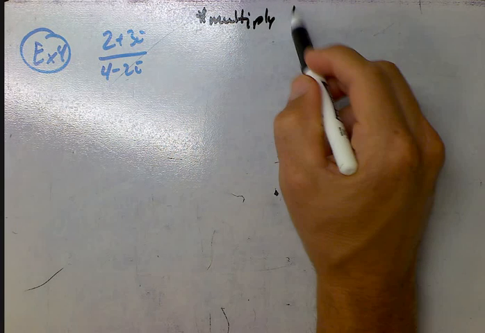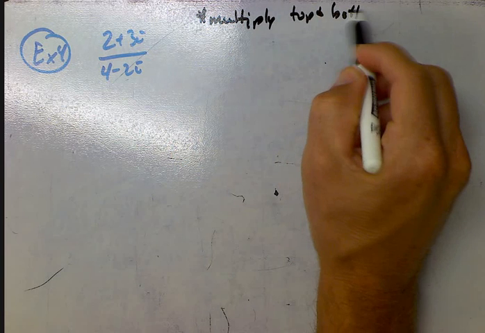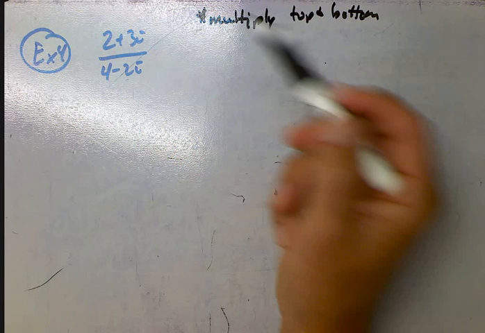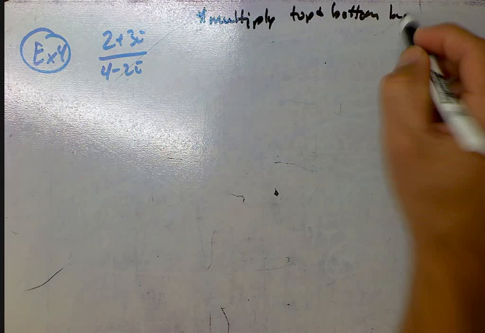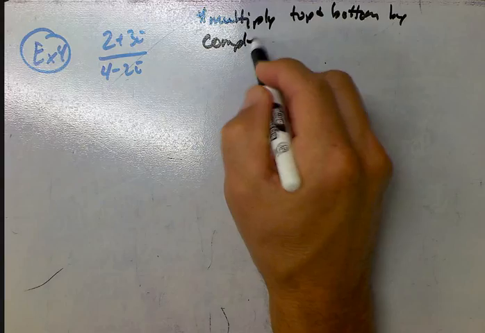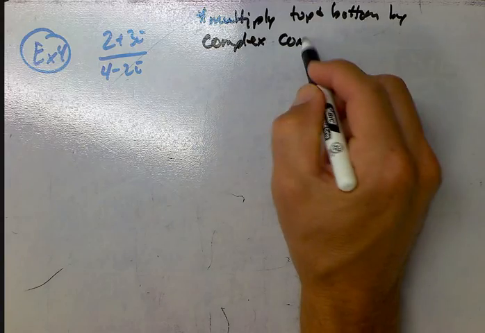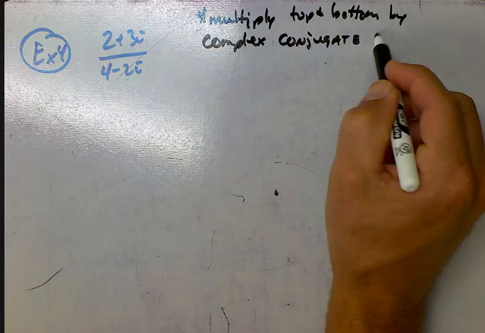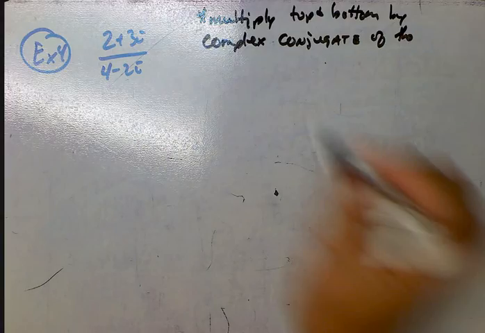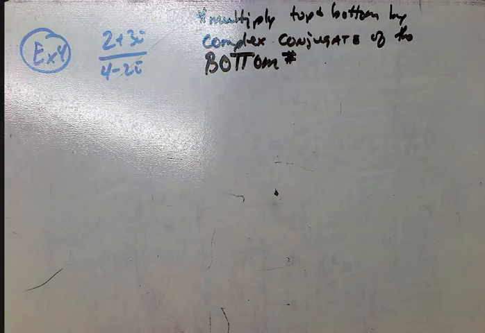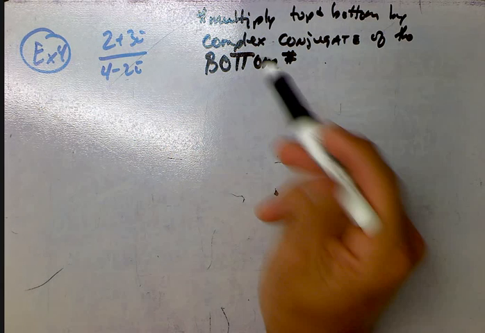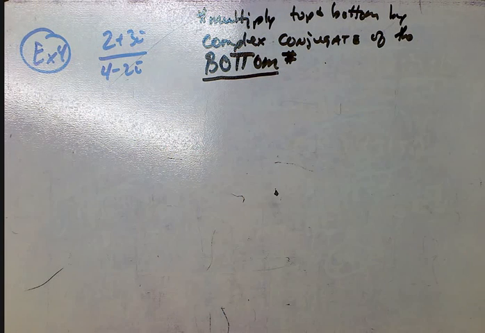Multiply top and bottom, or if you like math words, numerator and denominator, by complex conjugates of the bottom, or instead of saying bottom, you can say denominator. Notice that I put the bottom number and capitalized it, trying to make it bold so it sticks out.